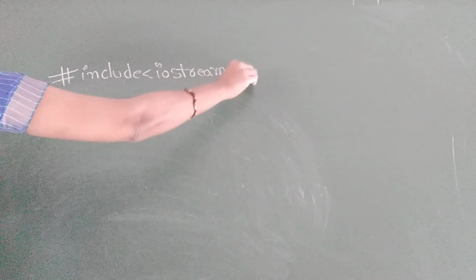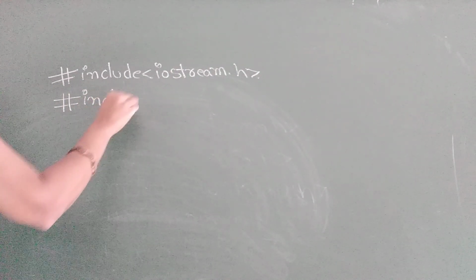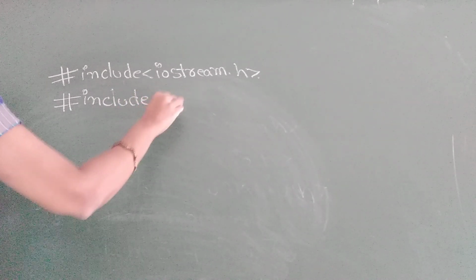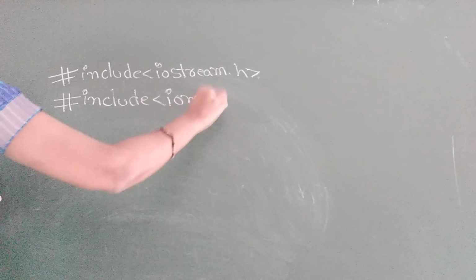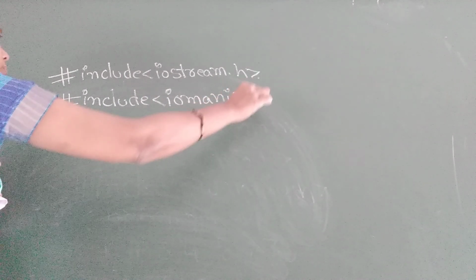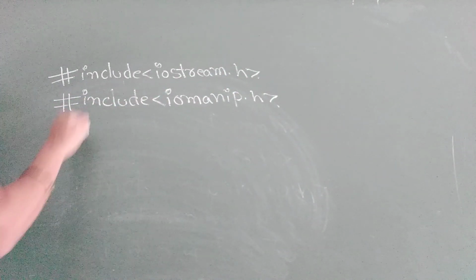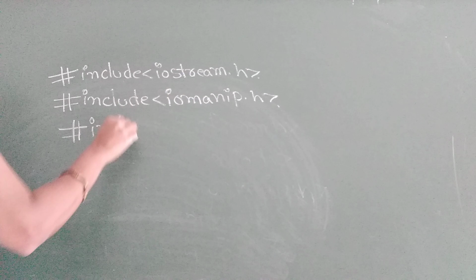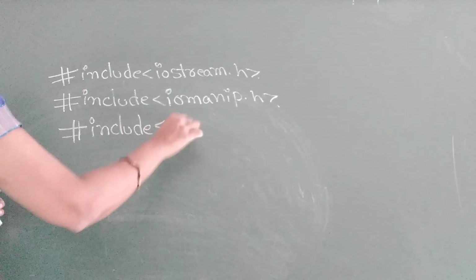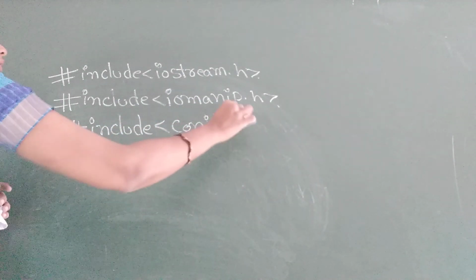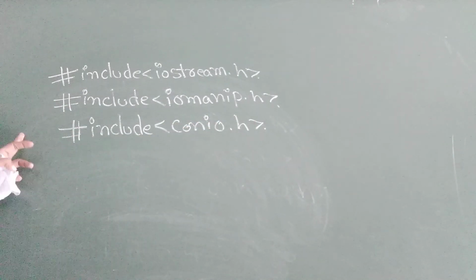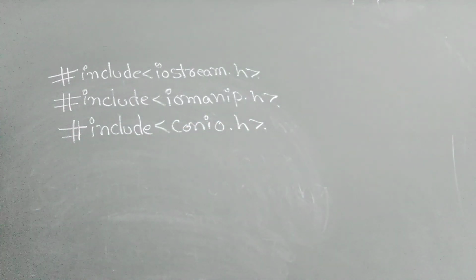Hash include iostream.h, hash include iomanip.h, hash include conio.h. These are the header files, and for all the 16 programs these header files are there.